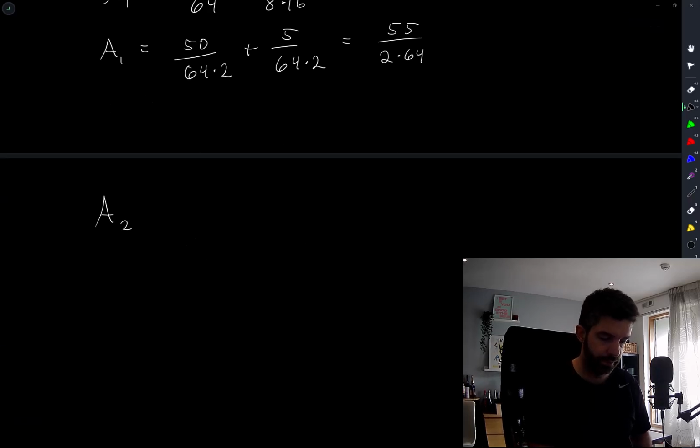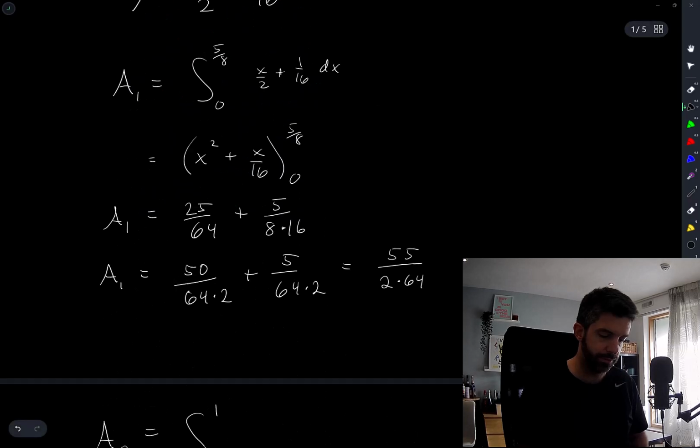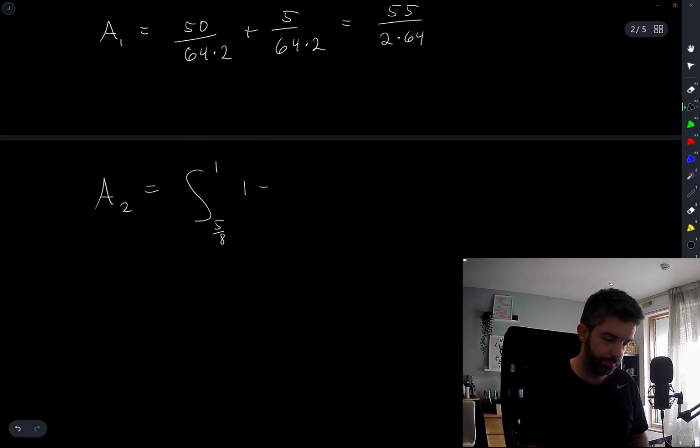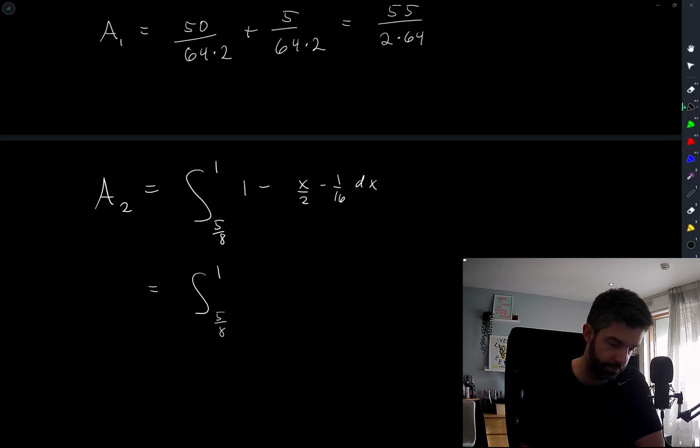A2 is equal to the integral from 5 over 8 to 1 of 1 minus f of x. Maybe the straight geometry approach would be easier, but I don't want to have to solve for all the intercepts and all that.